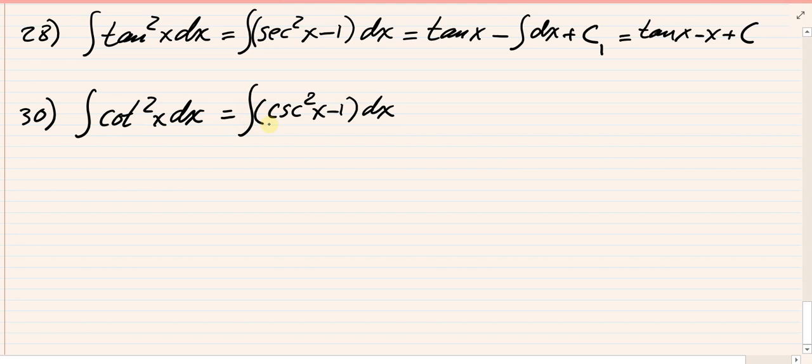The integral of cosecant squared is negative cotan, remember all the co-functions: the integrals that involve co-functions are all negative. So it's going to be negative cotan. The integral of negative dx is negative x, plus a constant of integration. Okay, and there we have it.